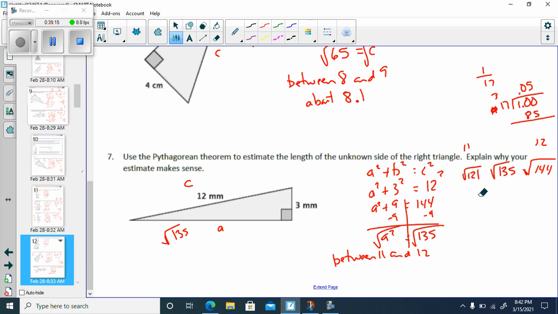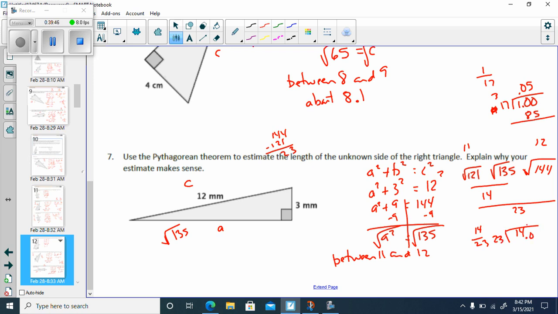All right, so let's find the distance here. The difference between those two, 135 minus 121 is 14. And 144 minus 121 would give me 23. So we're talking about 14 23rds. So we're going to divide, not 14 over 23, we're going to divide 14 by 23.